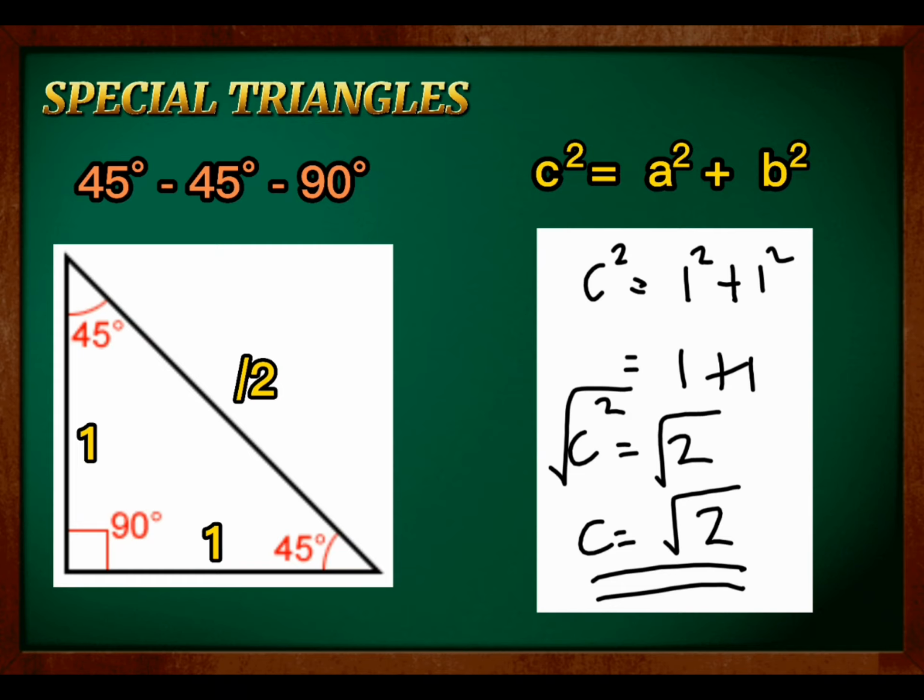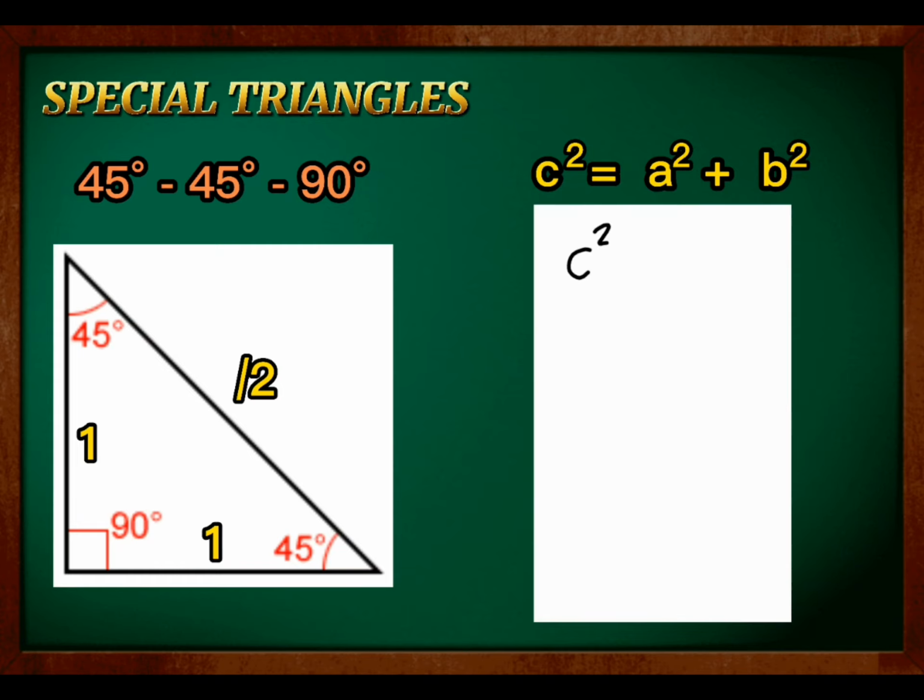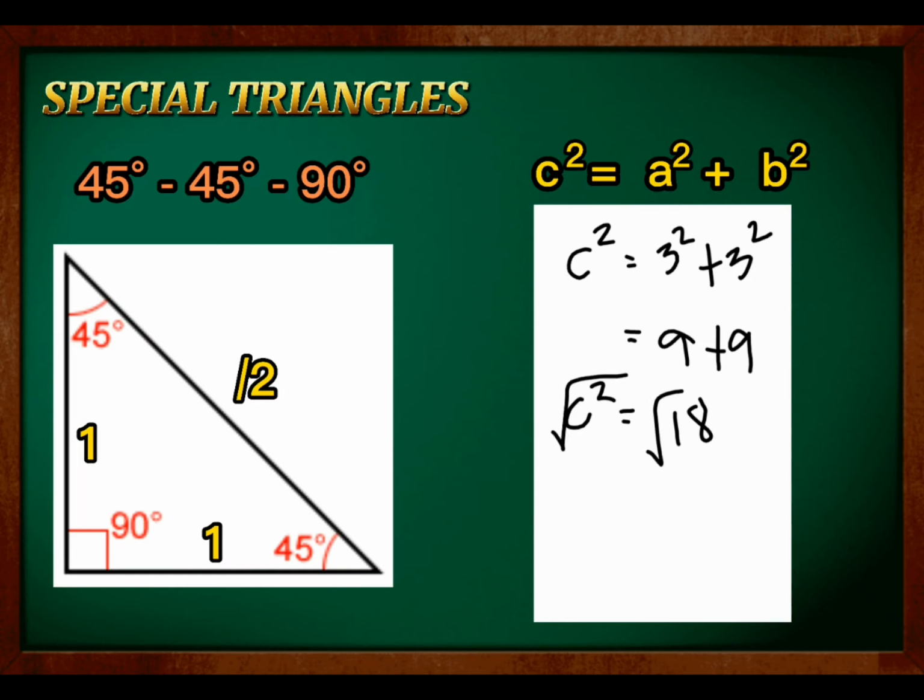Another example, if both sides are 3, using the Pythagorean theorem, c squared equals 3 squared plus 3 squared. C squared equals 9 plus 9. C squared equals 18. So the factors are 9 and 2. 9 is a perfect square, so the value of c is 3 square root of 2.